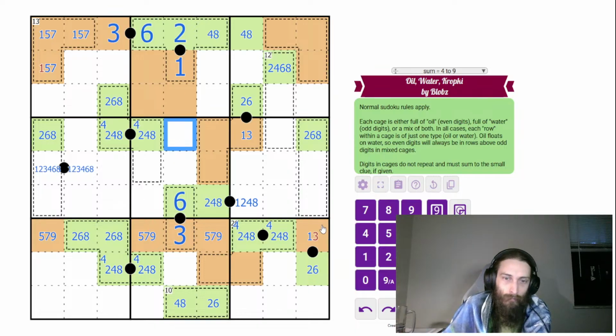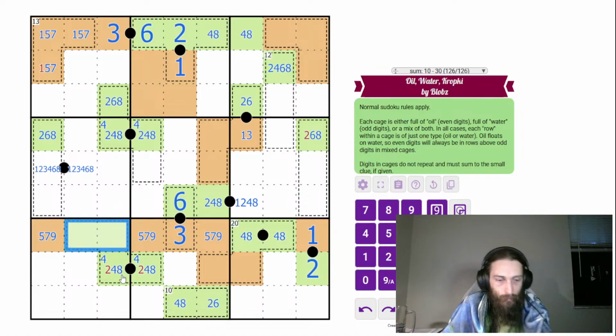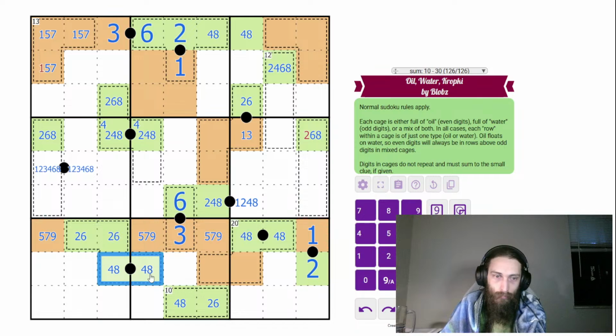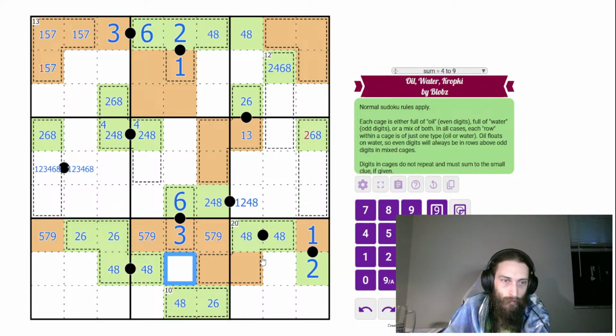Column 9, the Kropke dot in box 9 is... The rest of this row is all odd.